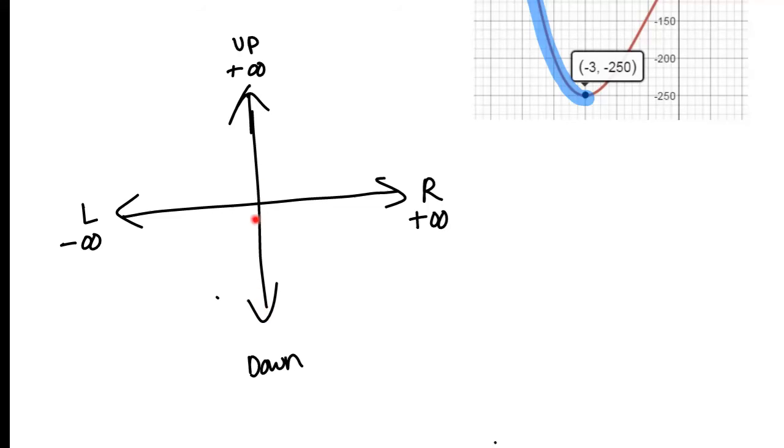And then this y-axis going downwards is going negative 10, negative 100, negative 1,000, and keeps getting closer and closer to negative infinity. Okay? So when I write that right, up, left, down, look at the x-coordinate graph and which direction the infinities are going. Okay? So I hope that helps a little bit.